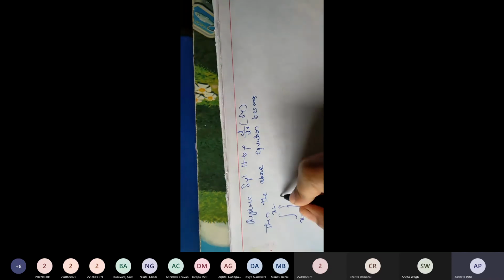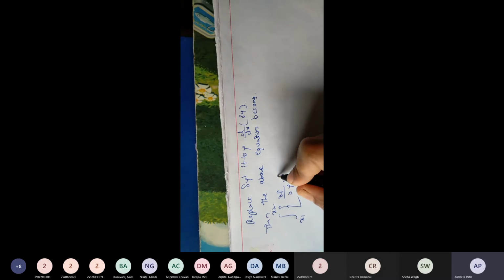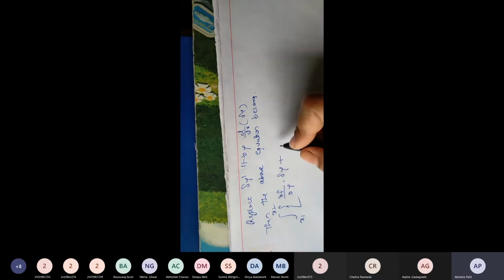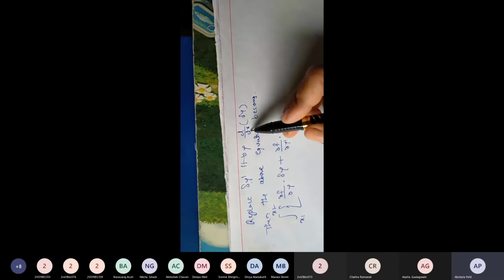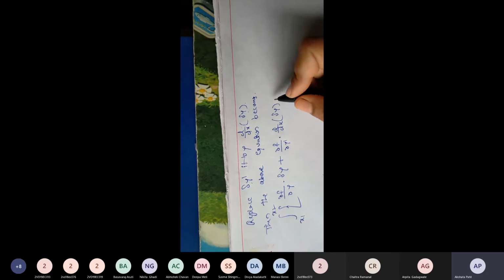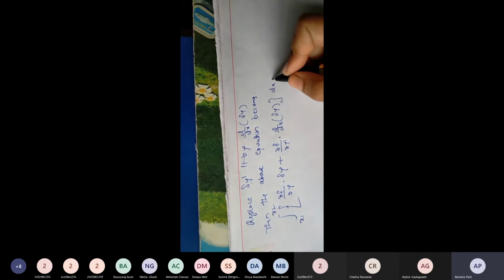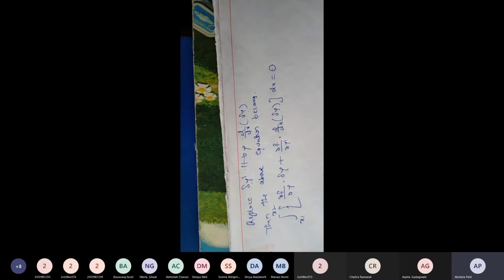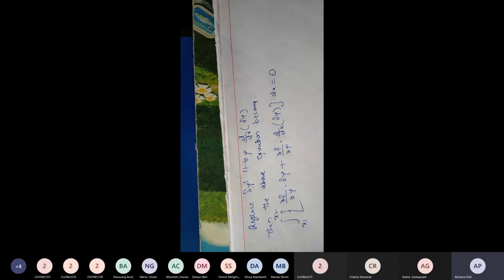First term keep as it is, dou f by dou y into delta y. Only in place of delta y dash, dou f by dou y dash keep as it is, and in place of delta y dash just replace it by d by dx into delta y, which is equal to 0. I hope you understand this step.